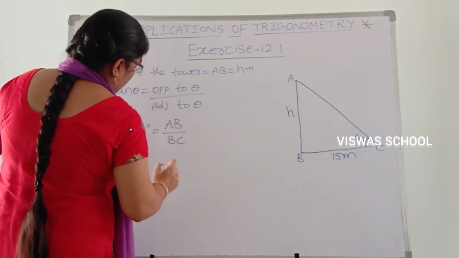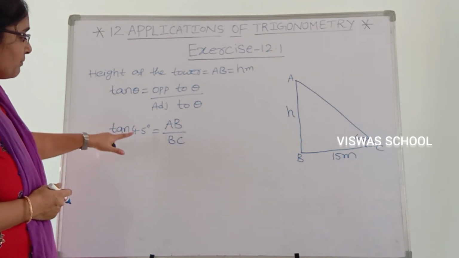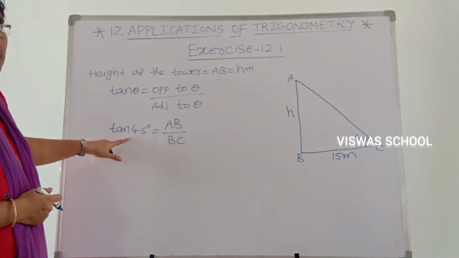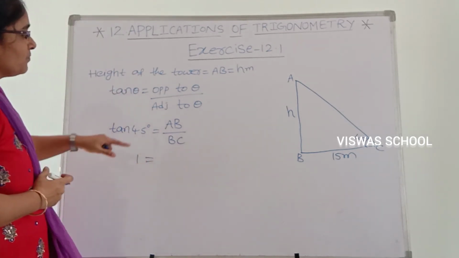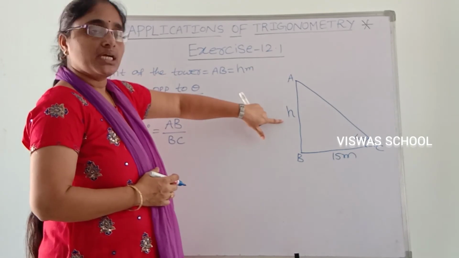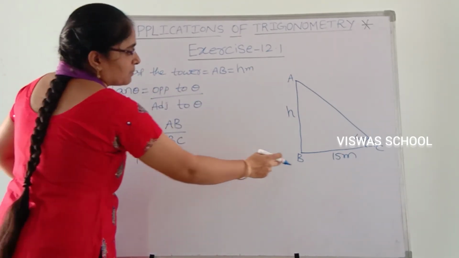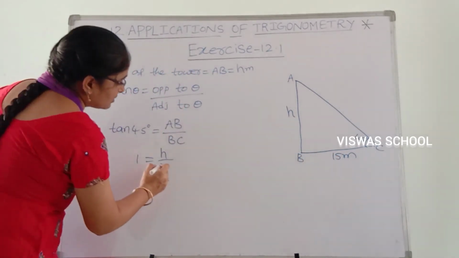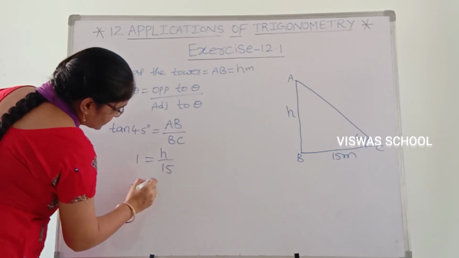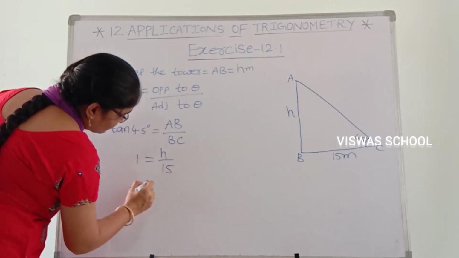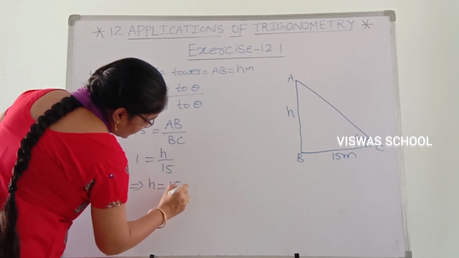Now, already we know the trigonometric values. From that, tan 45 value is what? 1. 1 is equal to AB by BC. AB is H and BC is 15. By cross multiplication, 15 into 1 equals 15, and that implies h equals 15 meters.